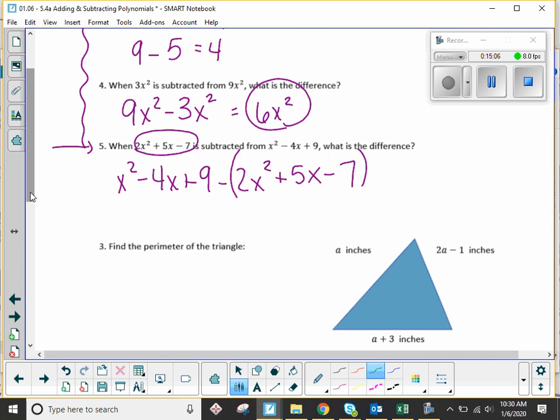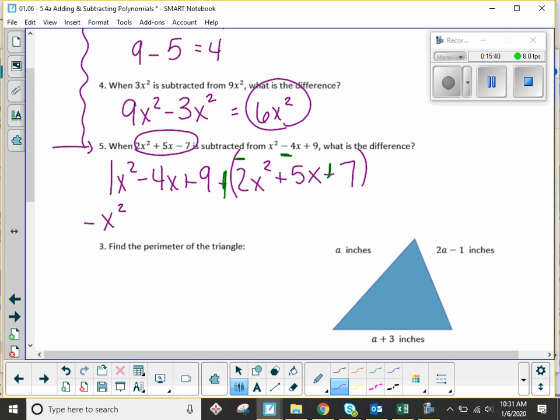Oh, okay. And then distribute the negative, right? So it becomes plus here, and then everything inside gets opposite signs because you're subtracting them. So minus that one, minus that one. What happens to the 7? It becomes positive. So what combines with the x squared? Okay, which is negative. So I've got one of these. I'm taking away 2. I'm left, so what does that give me? Negative 1. Do I have to write the 1? Nah, I don't have to write it.